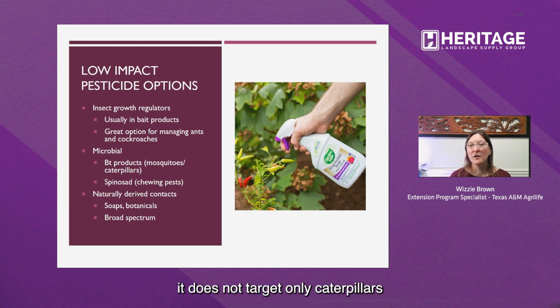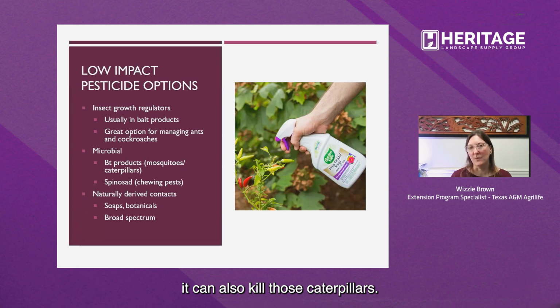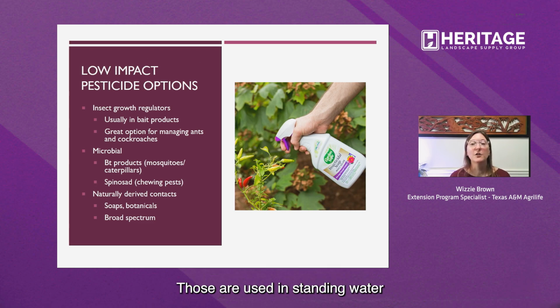It does not target only caterpillars that people don't want in their landscape, but if you have someone who has a butterfly garden, it can also kill those caterpillars. So again, you need to make sure that you are targeting the correct area, even if you're using a low impact product. The other BT product that is very commonly used is the BT israelensis products. Those are used in standing water to manage things like mosquito larvae, black fly larvae, and midge larvae.